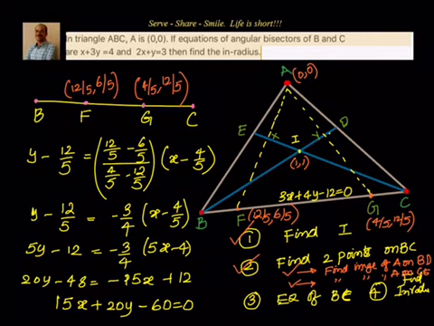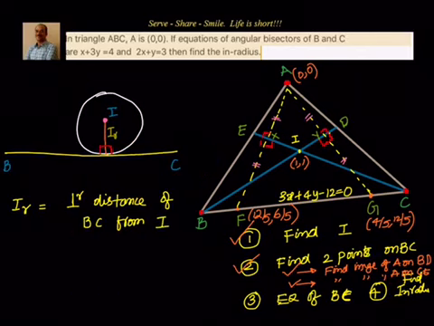The only thing we need to get now is the inradius. So now we know the equation of BC. We found it out. We know I. So we draw that separately. We know the formula for perpendicular distance. So directly we can go ahead and write down IR equal to, the equation is 3x plus 4y minus 12 equal to 0.